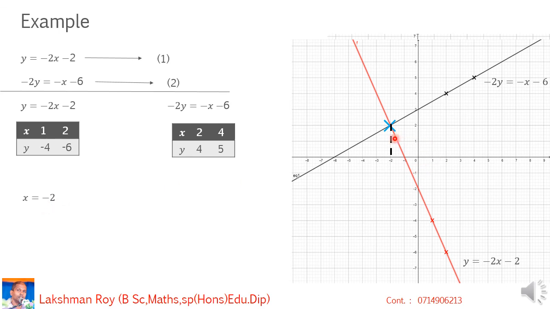Then how to take the y coordinate? You can see the red line, then the y coordinate is 2, right? So that is the solution, understand? These are the solutions of these two equations: x is negative 2, y is 2, right? Understand? So easy way.